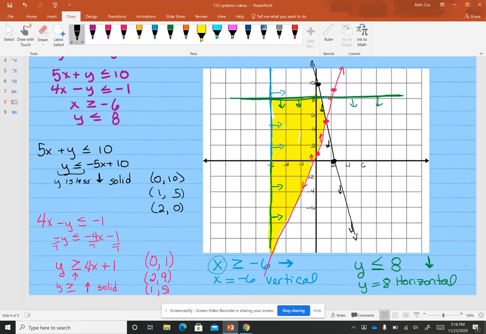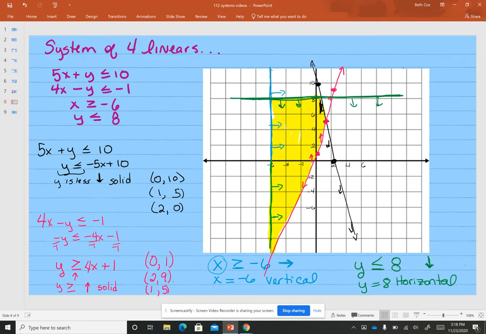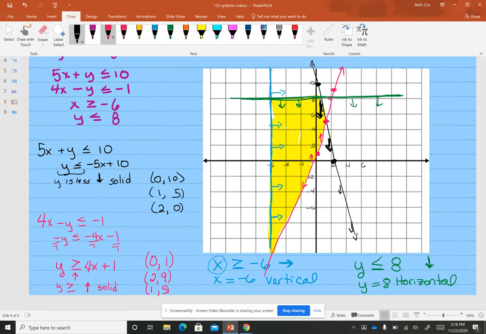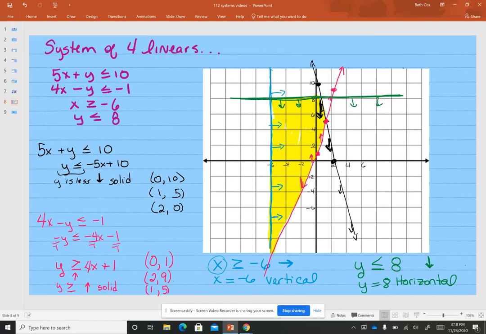Look carefully at my little shading. My first one was black. I did less than the black line. And so the black line is less, so that's into there. This piece right here, see, it's less there as well, but nothing else is pointing in that section. The pink, it was above the pink line. So there's all my above the pink line.